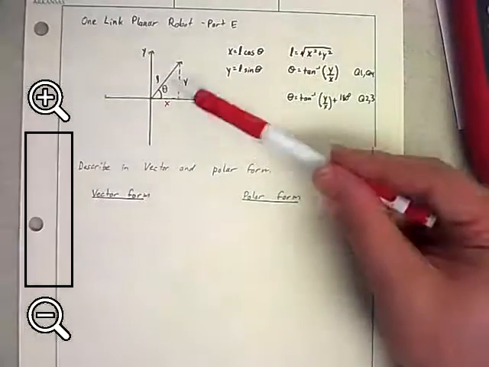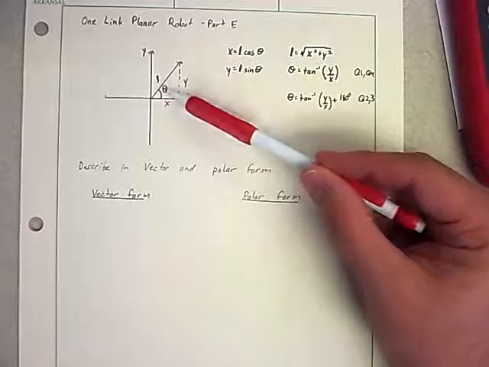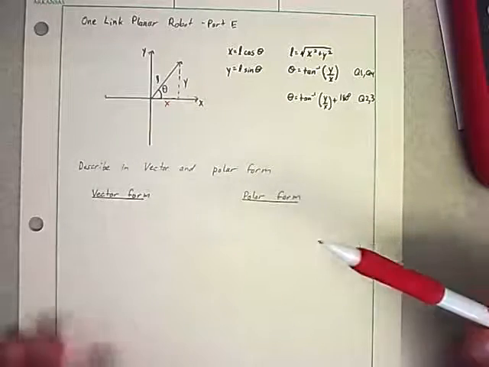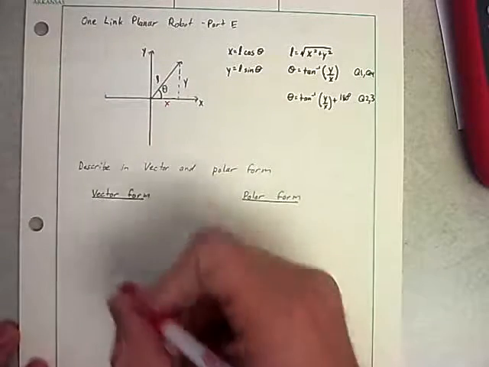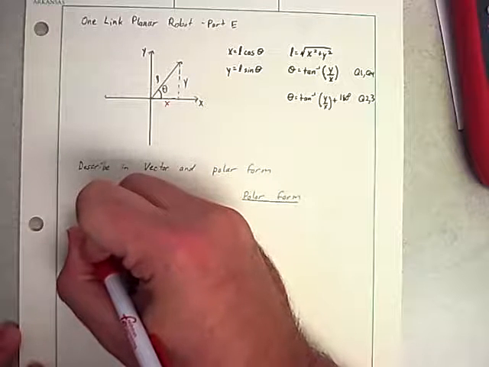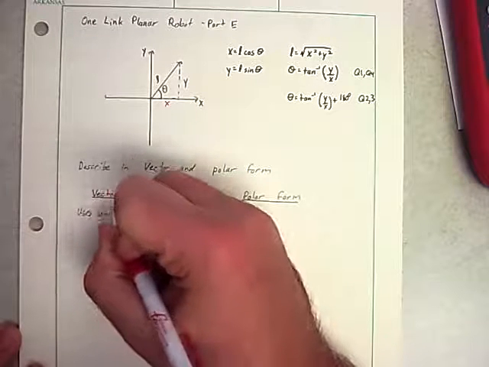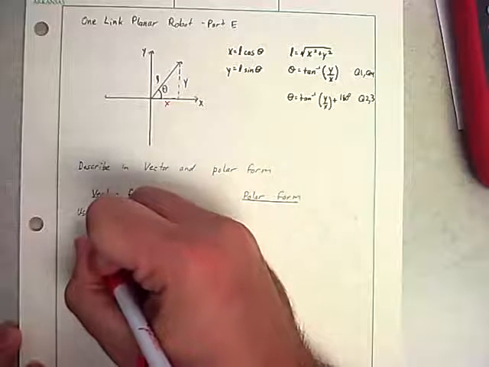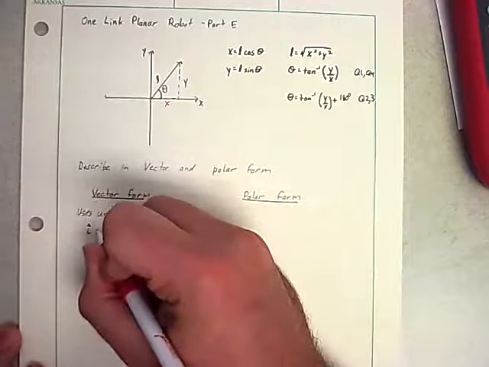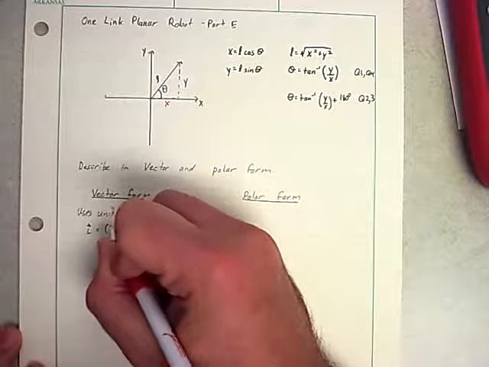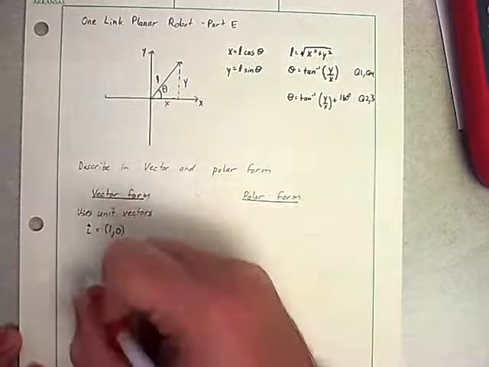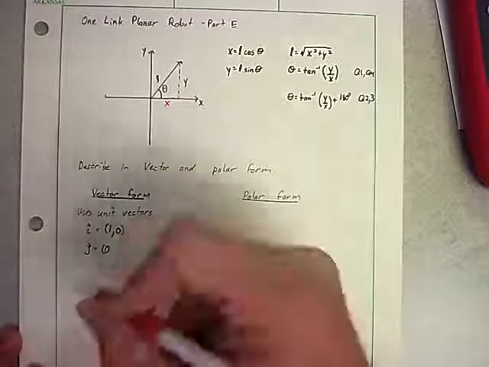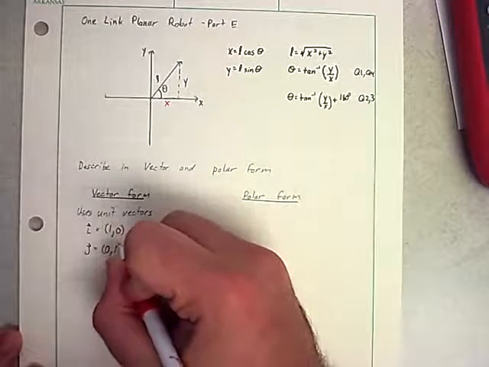We start with a robot, x, y coordinates, theta, and L, describing it. We've worked out these equations that get the different parts. When we're talking in vector form, it uses the unit vectors i, which is 1 in the x direction, 0 in the y direction, and the vector j, which is 1 unit in the y direction but nothing in the x direction.